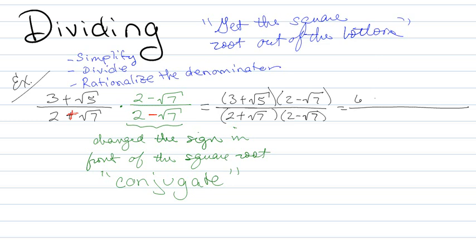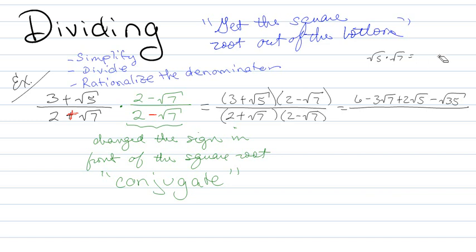Outer, 3 times negative square root of 7, so minus 3 root 7. Inner, root 5 times 2, so 2 root 5. Last, minus square root of 35, because root 5 times root 7 is the same thing as root 35.